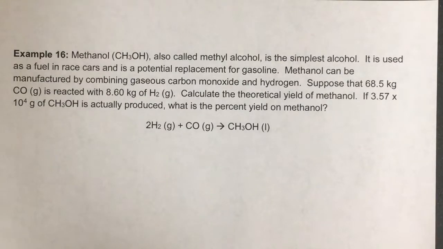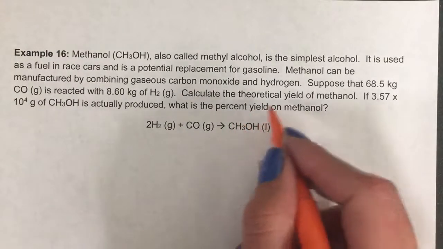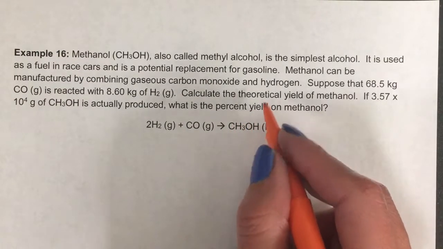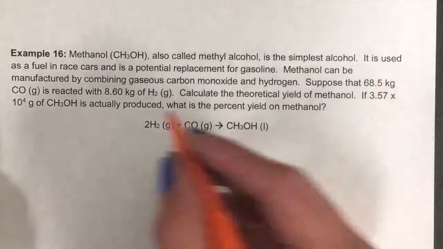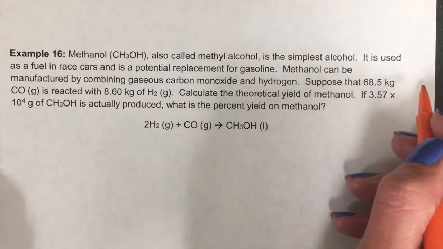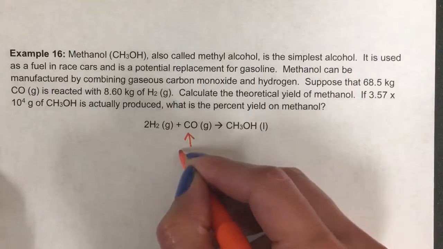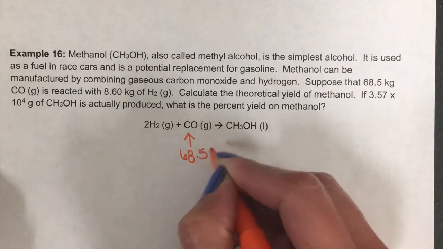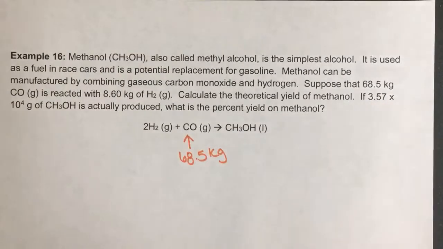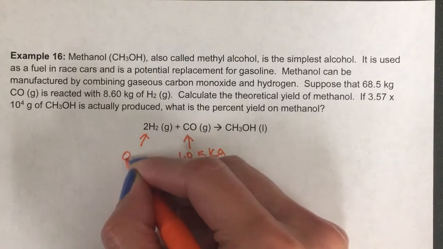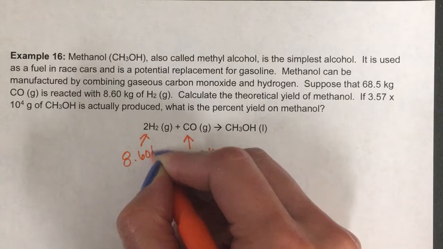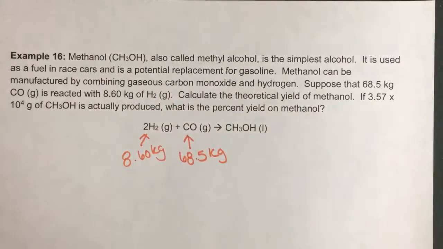It says that we're making methanol, CH3OH, okay? It says assume I've got 68.5 kilograms of carbon monoxide. I've got 8.60 kilograms of hydrogen, okay?